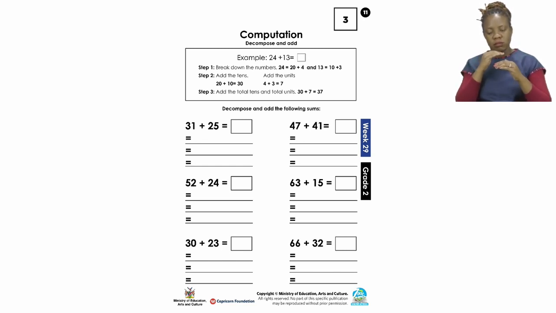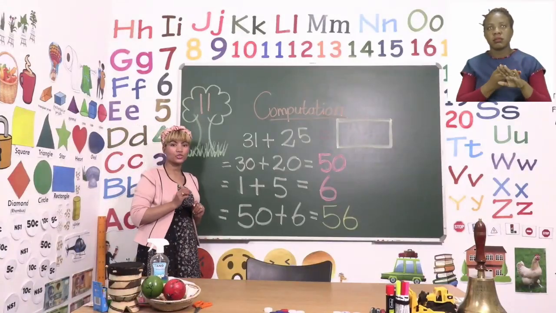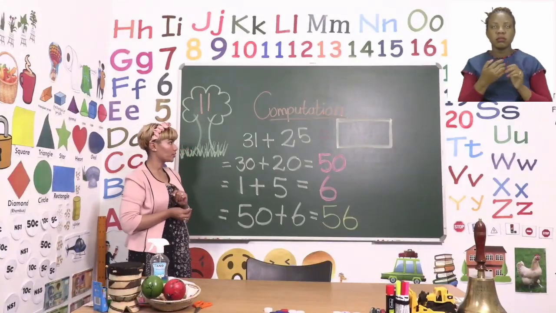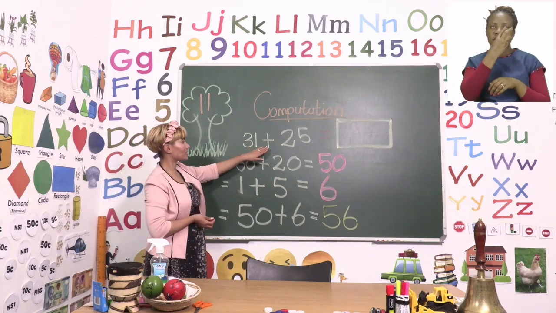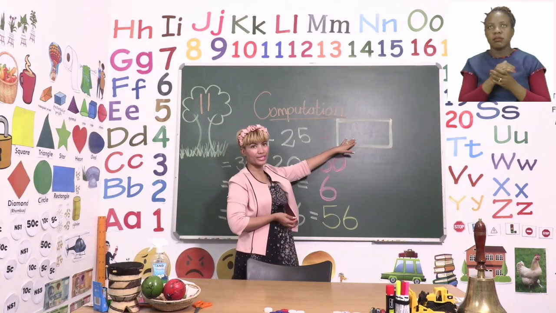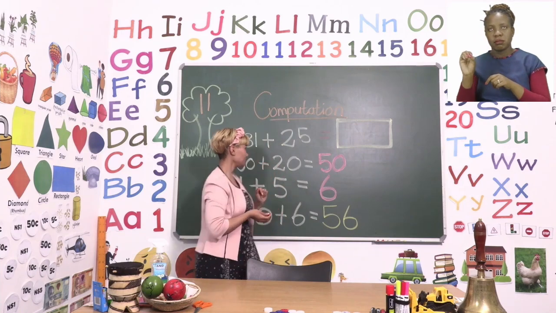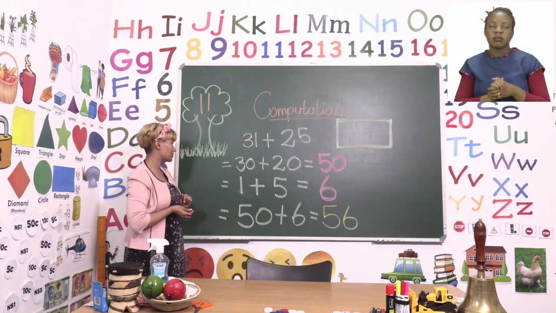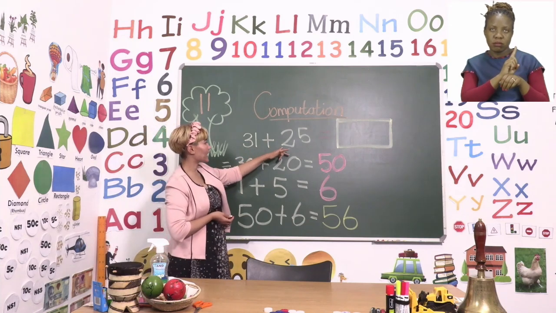Now remember everyone, you have to follow the steps to decompose and then add. On the board, I chose the first example, which I'm going to do with you. The first sum is 31 plus 25. Now you see here, we don't have an answer for this one yet. Let's decompose. Remember we said we first add up the tens.